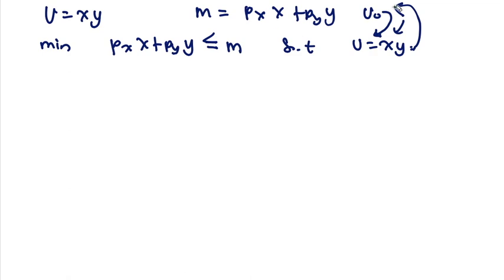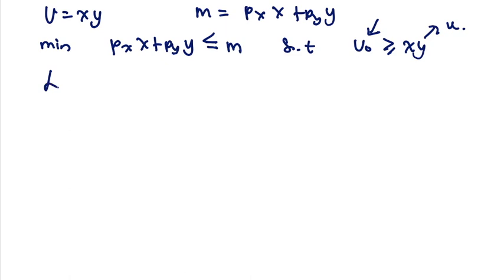So let me rewrite it again properly now. In this case, that means subject to what? Subject to u naught greater or equal to xy. This u naught is the targeted utility. This is the utility that we use to achieve our satisfaction when we consume two goods, x and y. All right. Now, as usual, we need to set up the Lagrangian function.